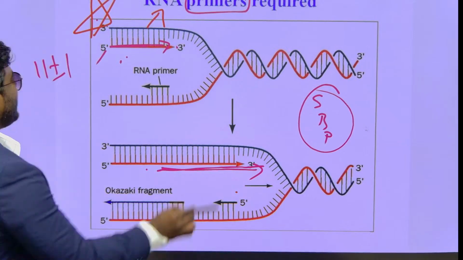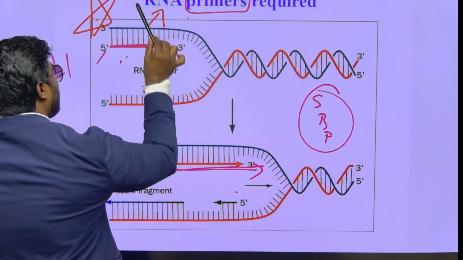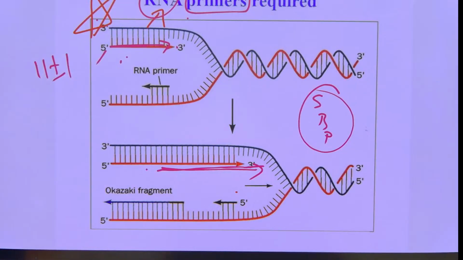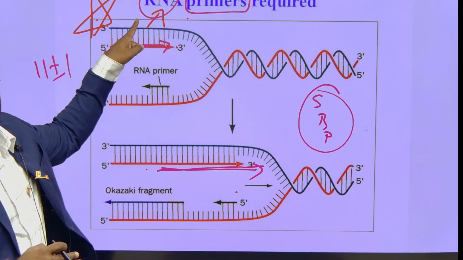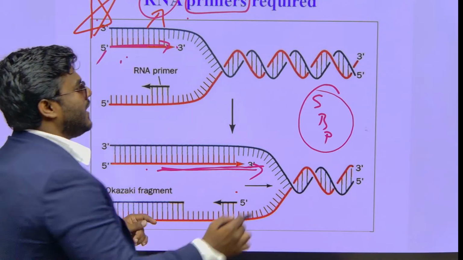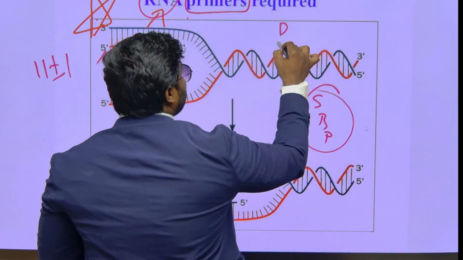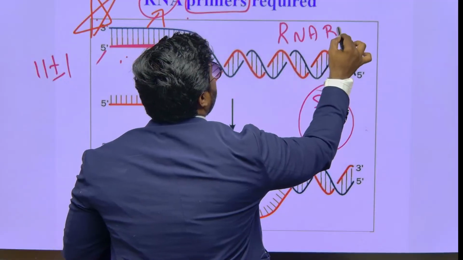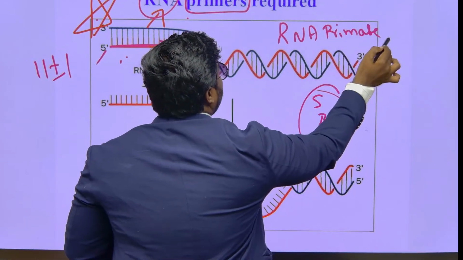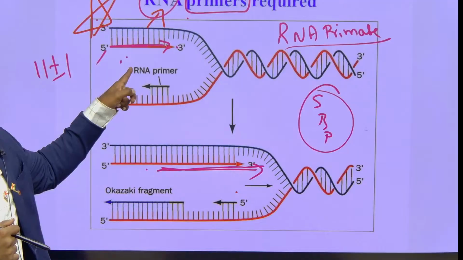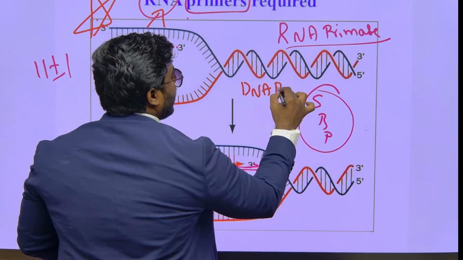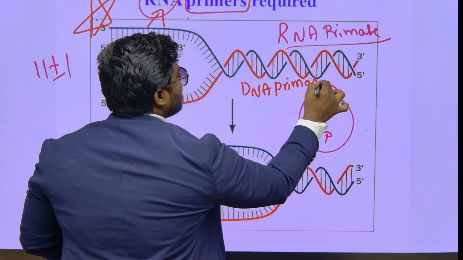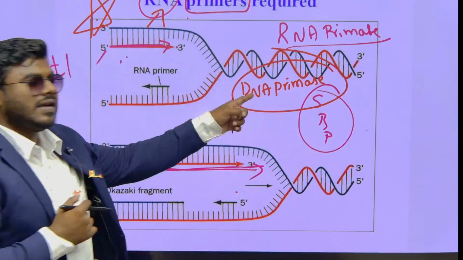Now my question is, why have we used the word RNA primers? Because we are synthesizing DNA, but we are adding a primer of RNA. The reason is there is an enzyme called RNA primase. RNA primase is the enzyme which adds the RNA primer. Whether prokaryotic or eukaryotic, we don't have any enzyme named DNA primase.